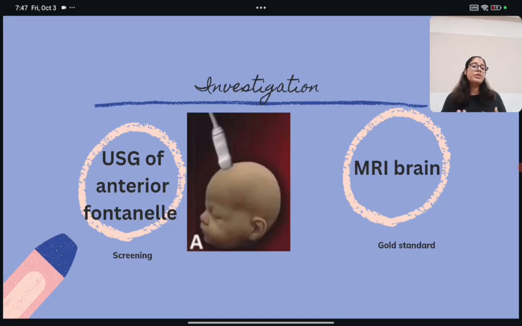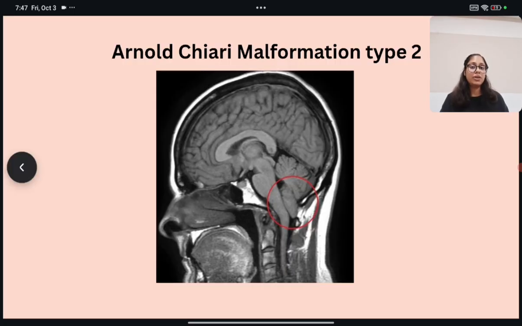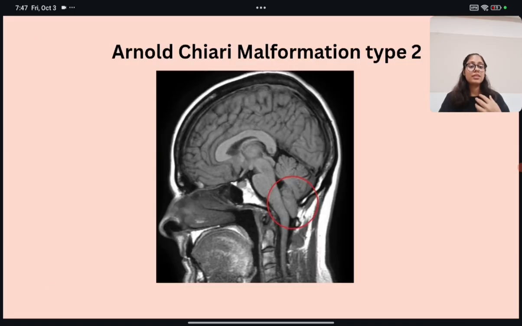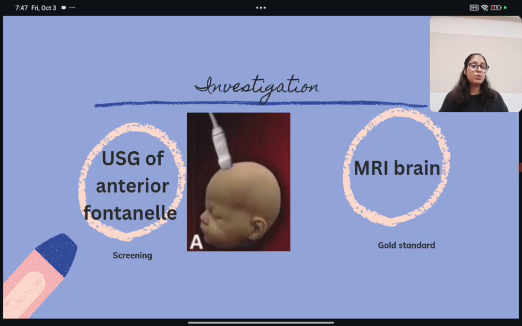Now, how are you going to detect hydrocephalus, especially in conditions like Arnold-Chiari, Dandy-Walker, and aqueductal stenosis? For this, we usually do an ultrasound of the anterior fontanelle. This is not going to give you an accurate diagnosis, but it can give you a certain idea, because in ultrasonography we are just covering a small area, so you cannot give a 100% diagnosis on it, and hence it is a screening test.